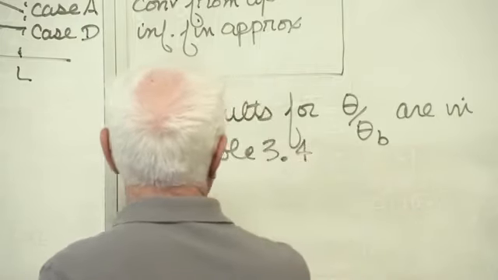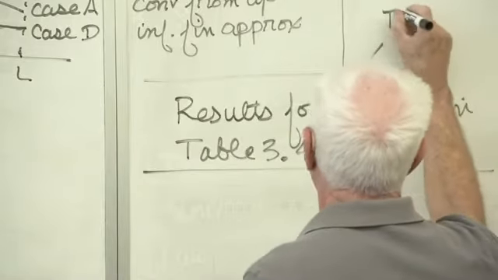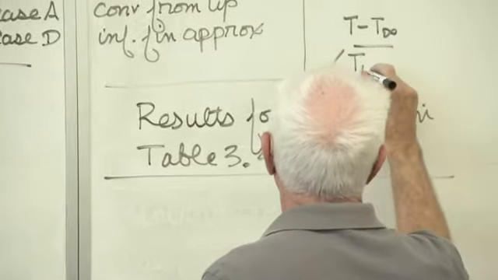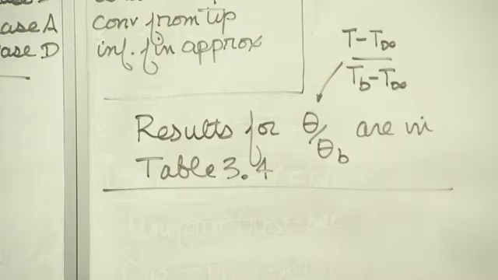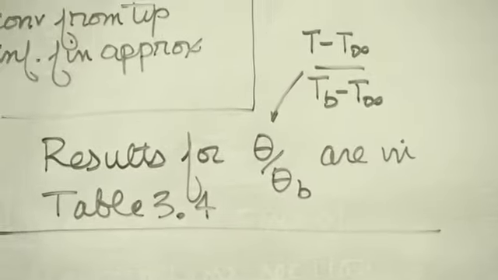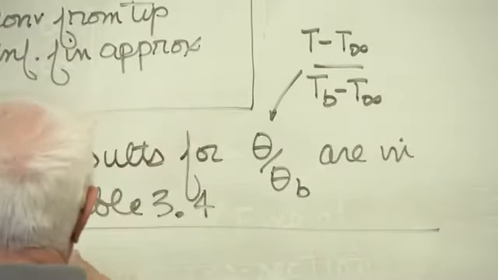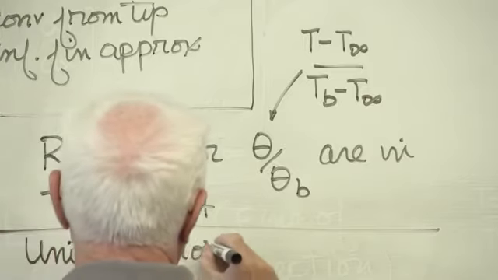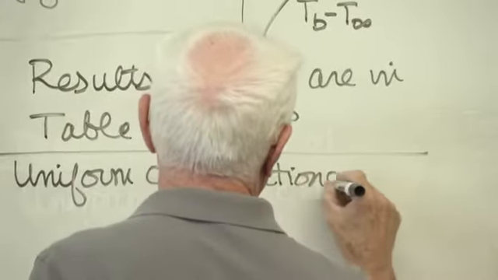Just so you know again what theta over theta B is, it's a temperature difference ratio. So table 3-4, uniform cross-sectional area.